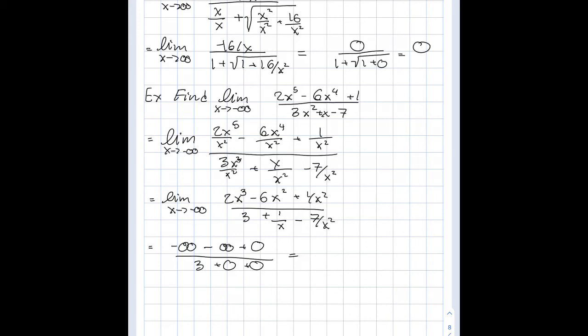For 6x squared, squared is going to be a positive number, and then I'm subtracting it. So a large negative number minus another large number will make it an even larger negative number. So I get negative infinity.